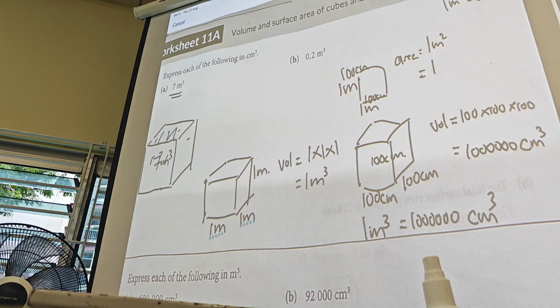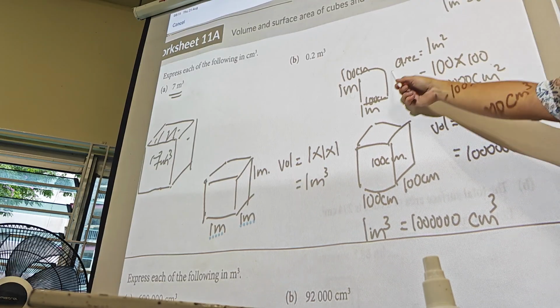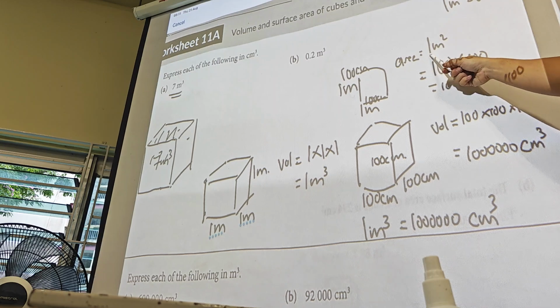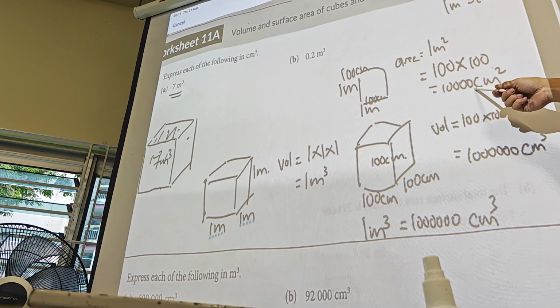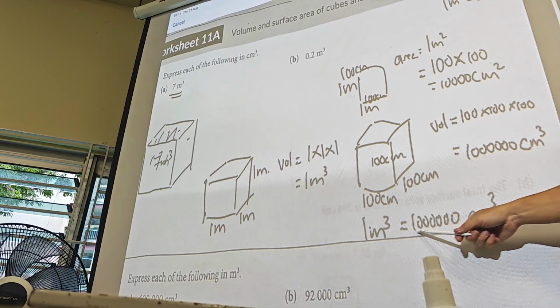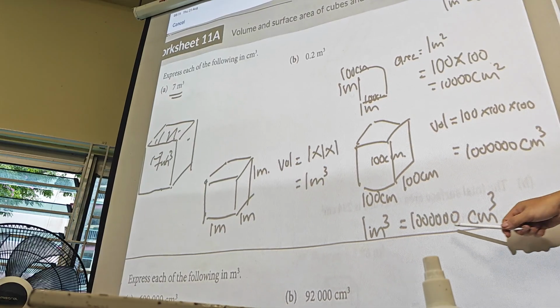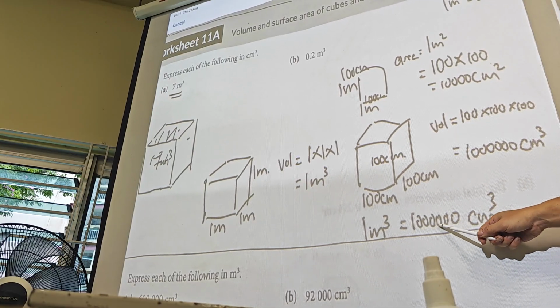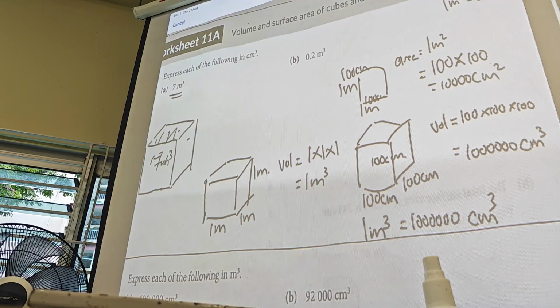So every 1 meter square is also equal to 100 cm times 100 cm equals 10,000 cm square. When we did area, we also did this conversion. Every 1 meter square is 10,000 cm square. So now every 1 meter cube is equal to 1 million. Is it 1 million? Yeah, 1 million cm cube.